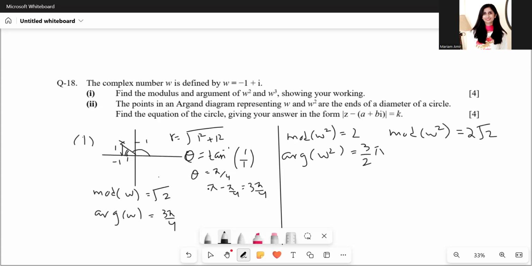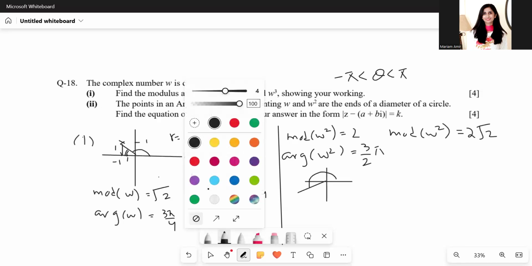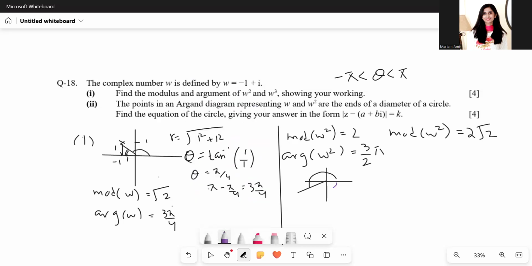Now the problem with this is that it goes out of the domain. The domain is always negative pi to pi. So this becomes greater than pi. This is 1.5 pi, so we will have to fix it. Right now, this is the angle. It goes beyond pi. What we'll do is write this angle instead with a negative sign.